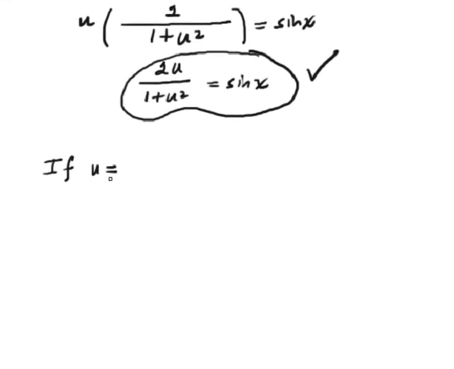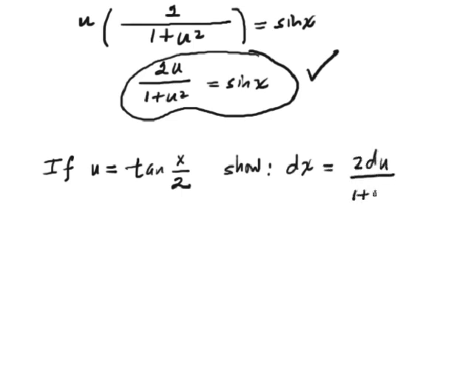This time we'll write u as tangent x over 2. So if u is equal to tangent x over 2, this time we want to show that dx is equal to 2 du over 1 plus u squared.